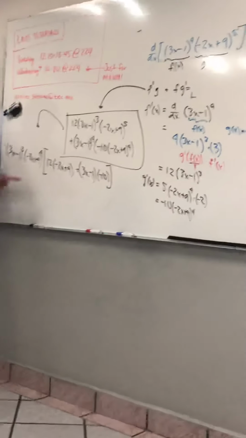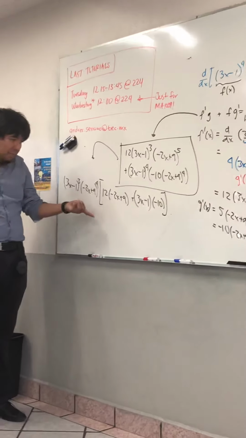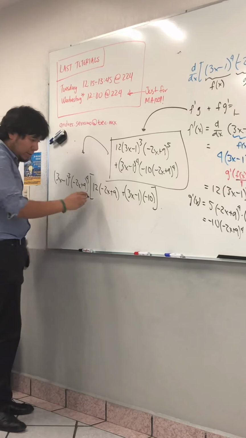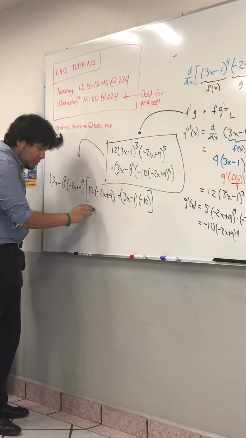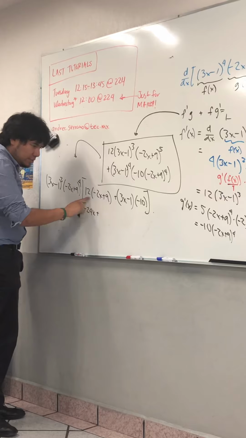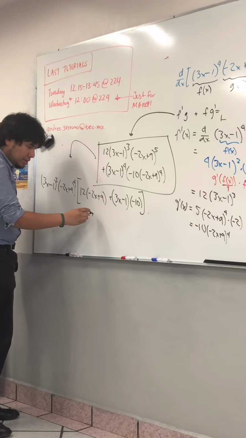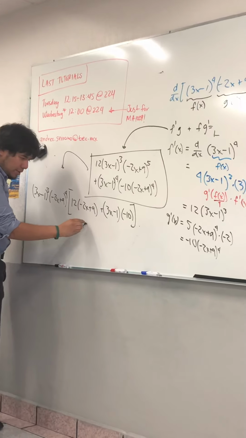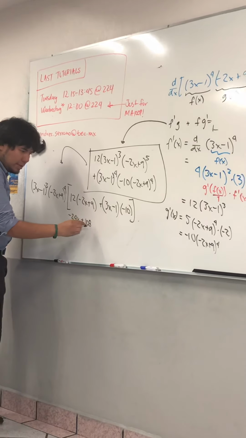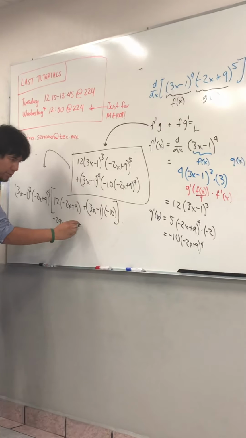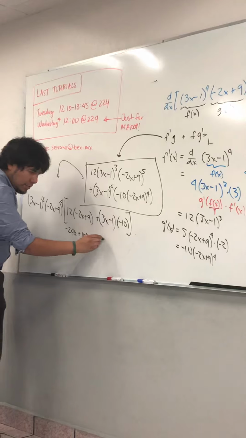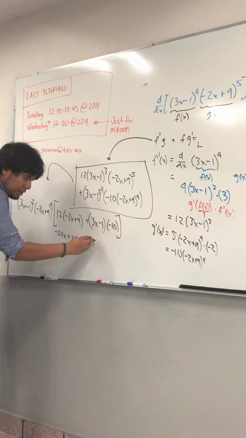Okay? So I can elaborate on the inside, which is 24 minus 24x plus, what is that, 108, right? Minus 30x plus 10, right?